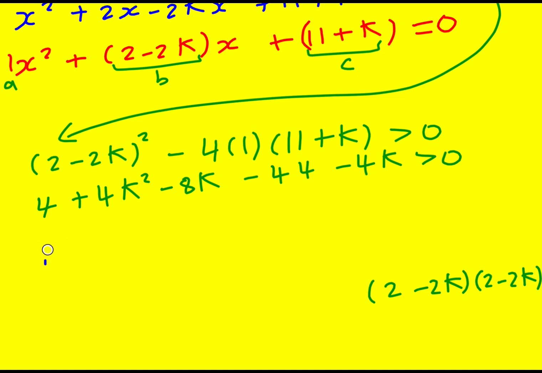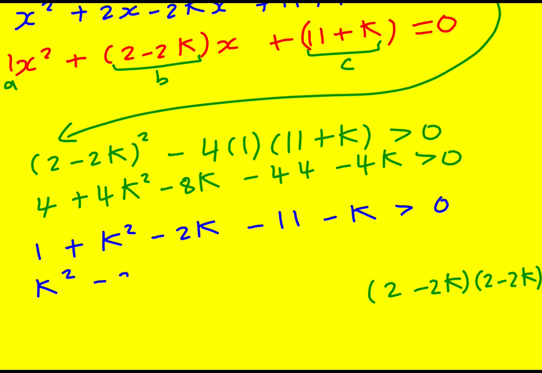Before I tidy up any more, I'm going to divide through by 4. So 1 plus k squared minus 2k minus 11 minus k greater than 0. It's going to make sense to do that at some point. I'll just show you to do it now. So k squared minus 3k minus 10 is greater than 0. Of course, you might combine it and then divide by 4.